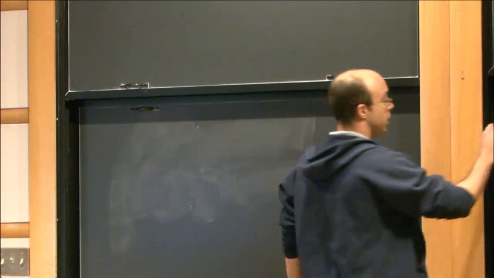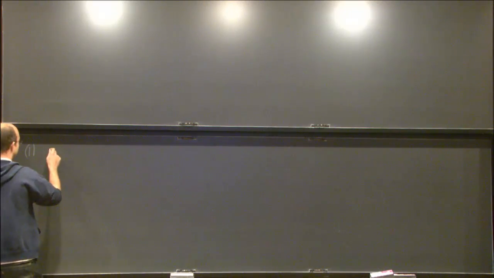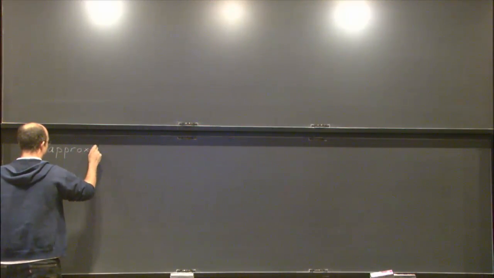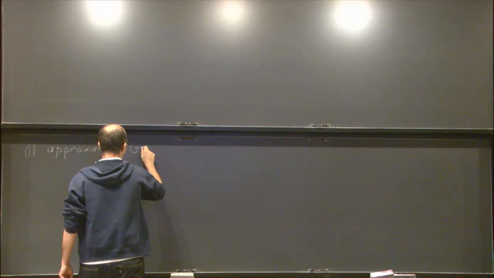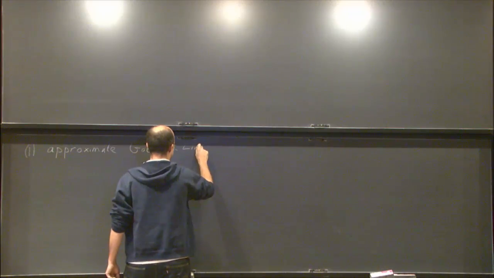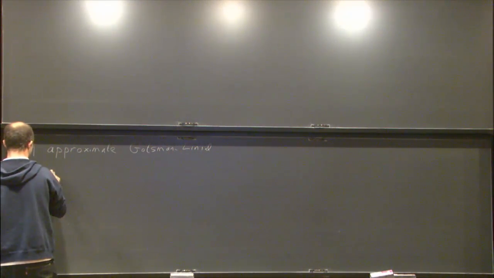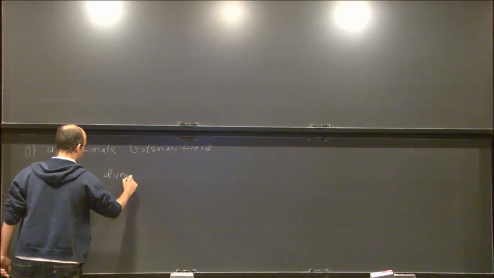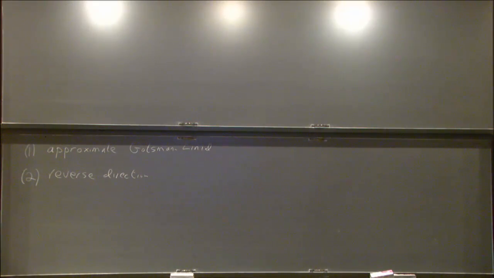The first one, I want to show you how to use this main theorem for the approximate Gotsman-Linial type of theorem. This will be a simple relation. Then I'll tell you a little bit about what we understand about the reverse direction. Here we still have work to do, so we understand some things, but not everything.